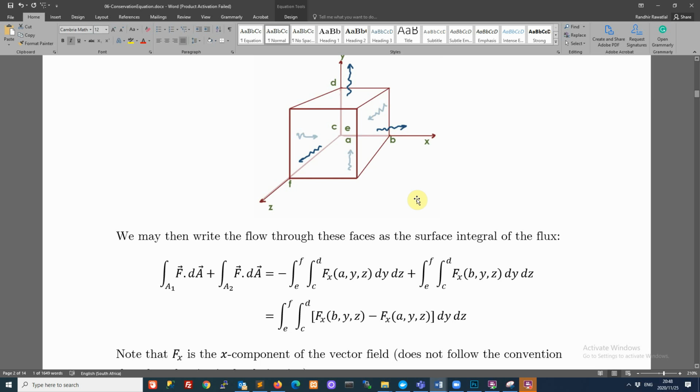So we can write that the flux or the flow through these faces is in effect the surface integral of the flux. So in other words, if we are talking about integrating over the area here, right now we are just adding up the area flows here and here, right?